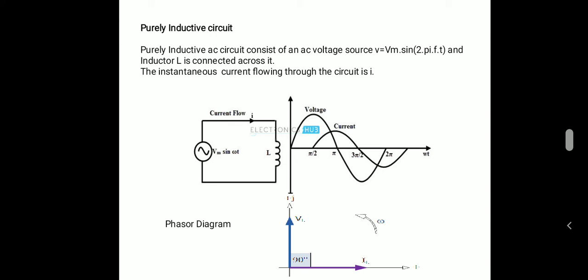So next is the phasor diagram. We have already studied what a phasor is. A phasor is just a straight line whose length is equal to the peak value of the alternating quantity, with an arrow at one side indicating the direction of rotation, which is anticlockwise.